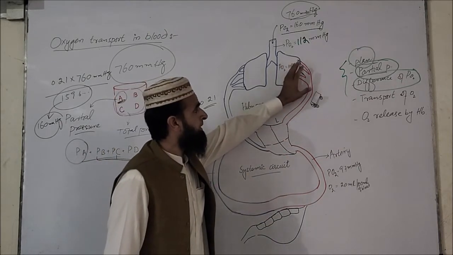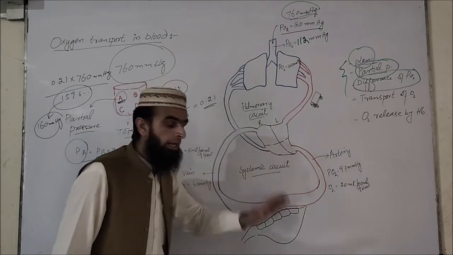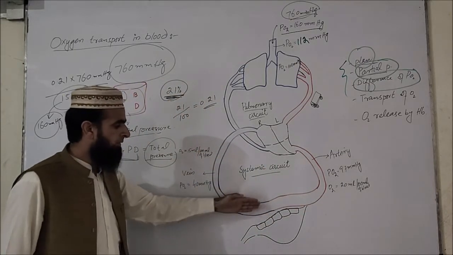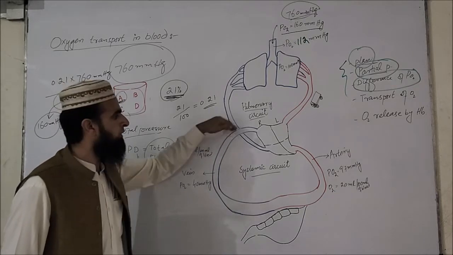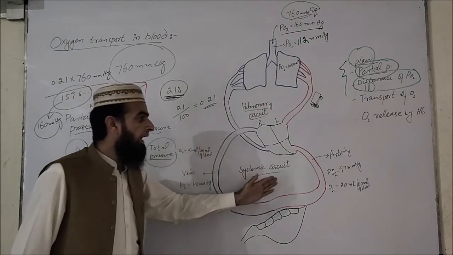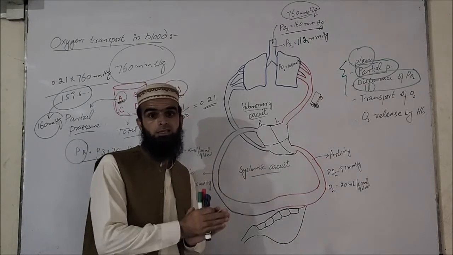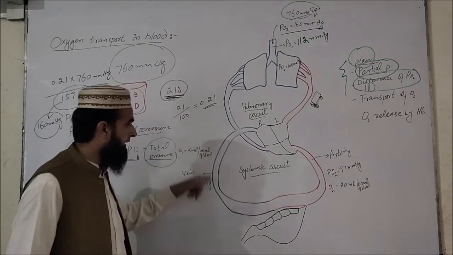This partial pressure is decreased, and again when the tissues are crossed and the blood returns by the venous pathway to the heart and then to the lungs, a lot of decrease in the partial pressure is seen.